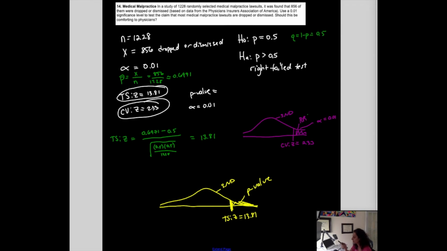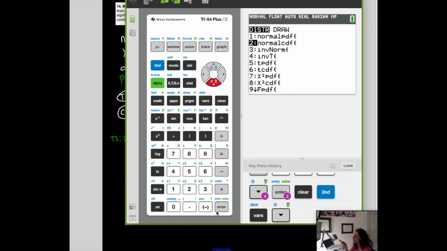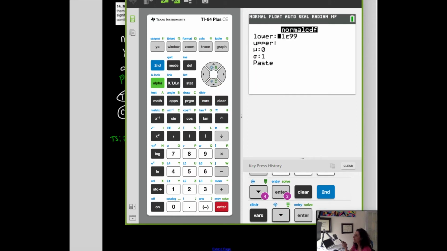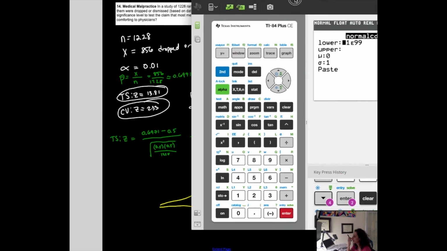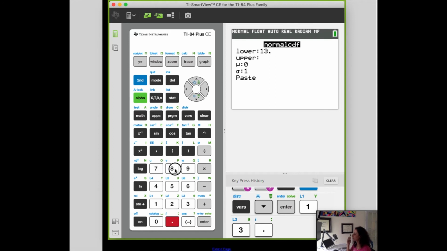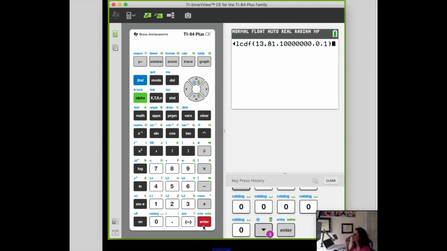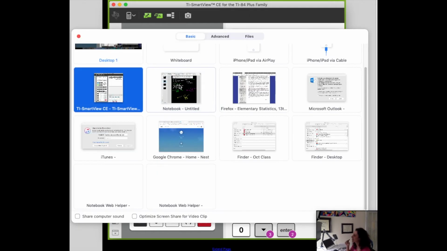So I want to determine an area corresponding to a known z-score, so second VARS and normal CDF. My lower bound here is 13.81, and my upper bound is going to be a big, positive number, so I'll just put a 1 with a bunch of zeros. And then my mean is 0, my standard deviation is 1 because I'm on an SND curve. This is the stuff we did in chapter 6. And I expect it to be very, very small. Look at this. 1.1557 times 10 to the negative 43. I'm going to just say that that is approximately 0, okay?